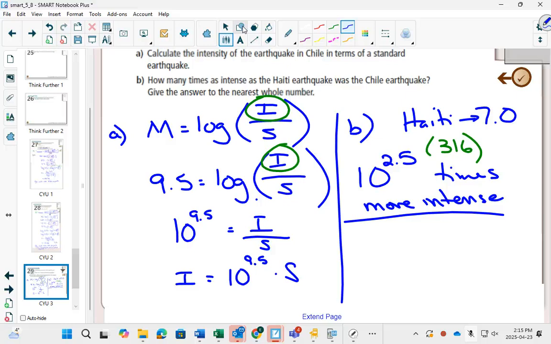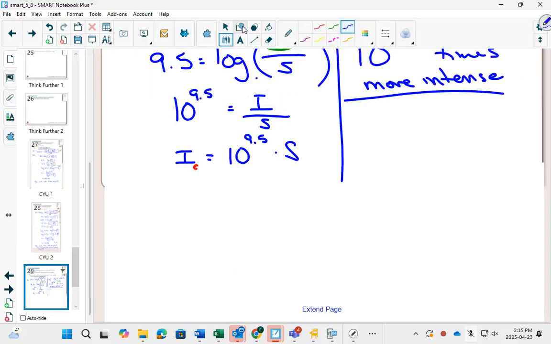316 times more intense. Now, if they just asked you part B, okay? If they just asked you part B and you wanted to use the formula, you would have to do what we did in part A, and I would actually add a little letter here, like a little tiny C, that's intensity of Chile. Does it make sense that if you did the exact same thing with Haiti, you would get this, right?